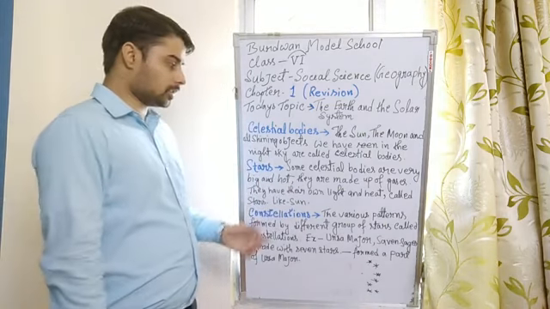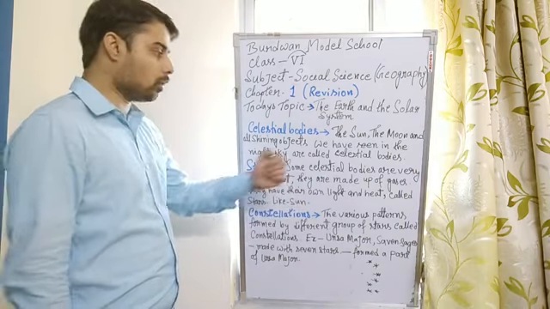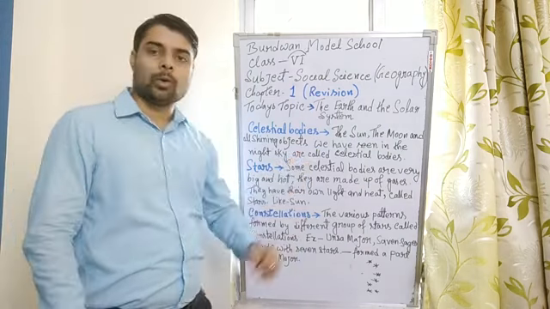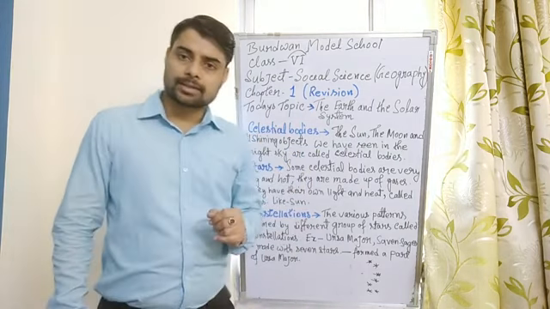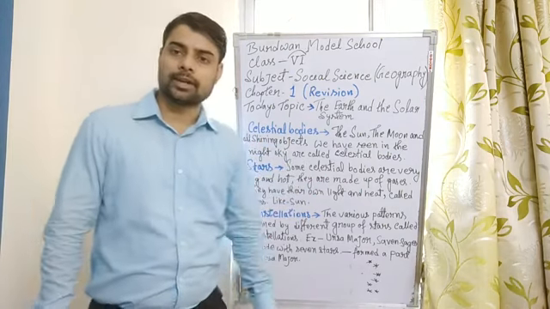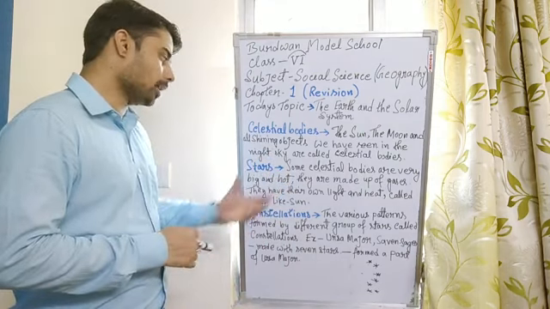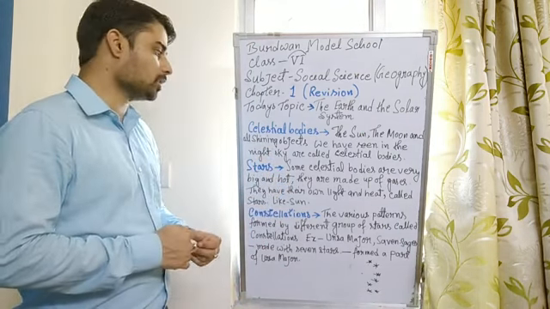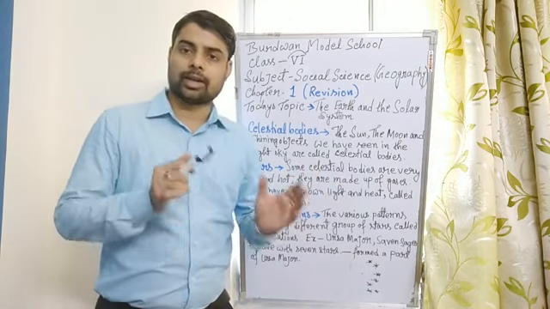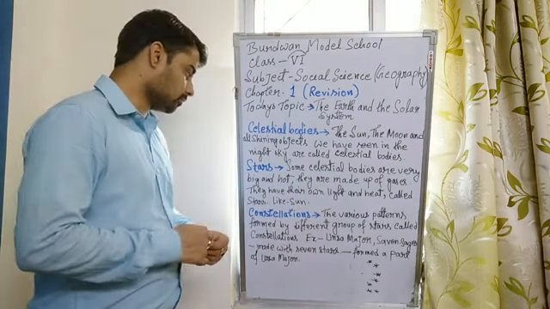Now, what are stars? Some celestial bodies are very big and hot, and they are made up of gases, and they have their own light and heat. They are called stars. Most of the shining objects in the night sky are very big and hot, made up of gases like hydrogen and helium, and they have their own light and heat.